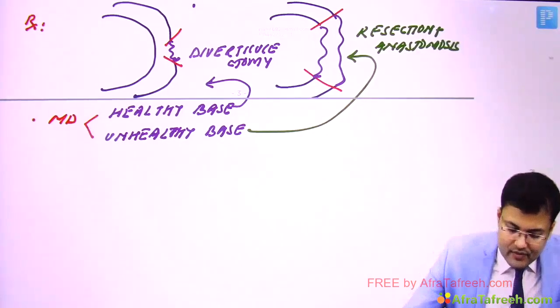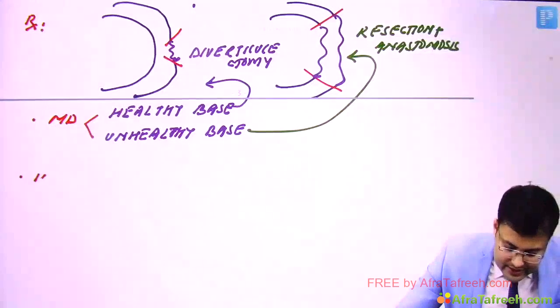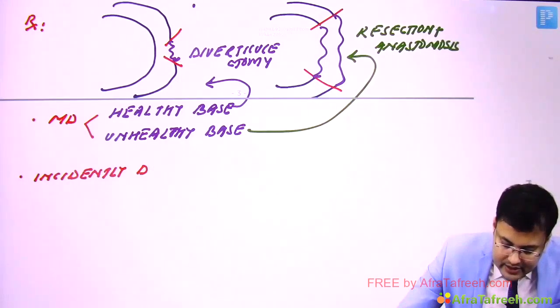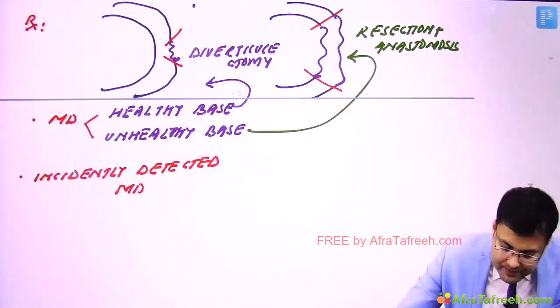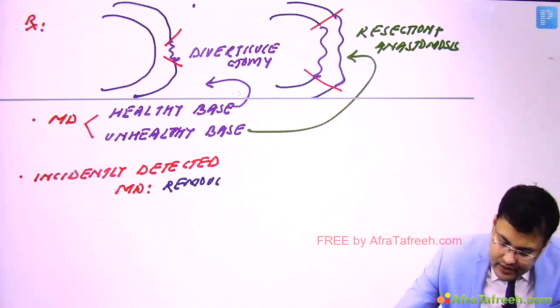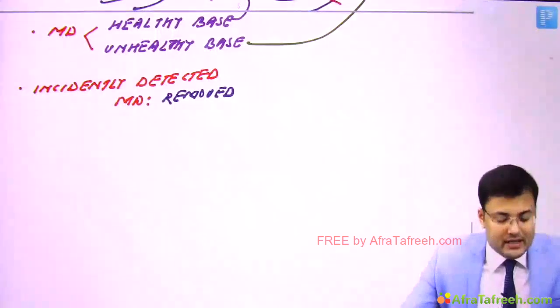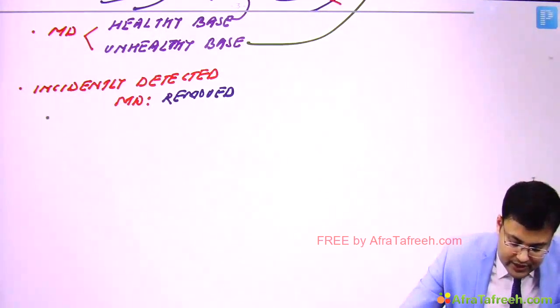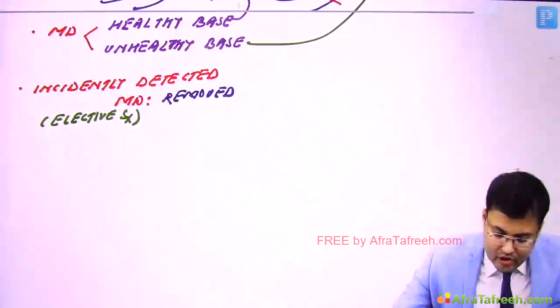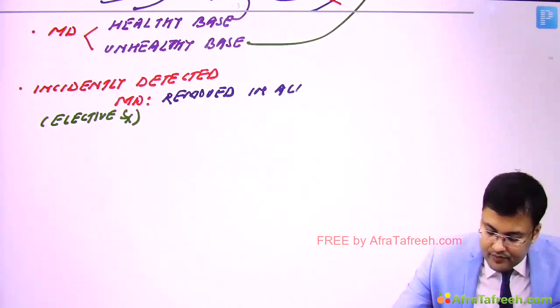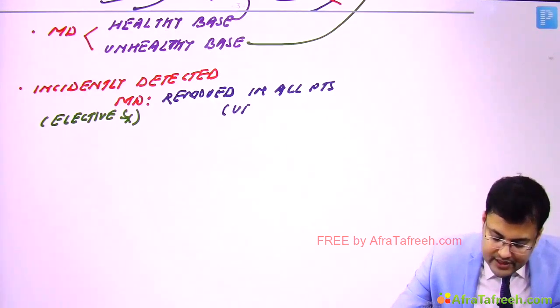So the important point: incidentally detected Meckel's diverticulum during elective surgery should be removed in all the patients up to 80 years of age.